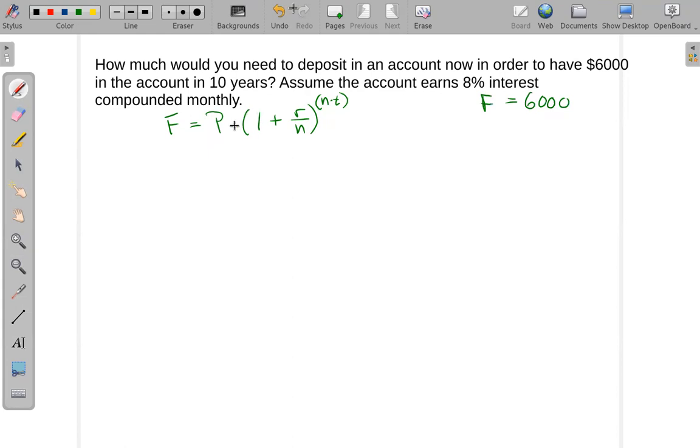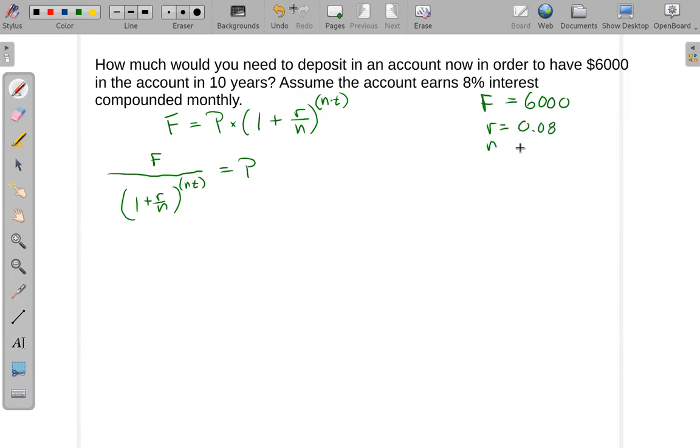Now, since this parentheses is just a multiple of P, we can divide it over to the side with F. So that would give me F divided by that crazy parentheses, and that would be our present value. So that's the calculation we're going to do. We know that R is 8%, which is 8/100ths.